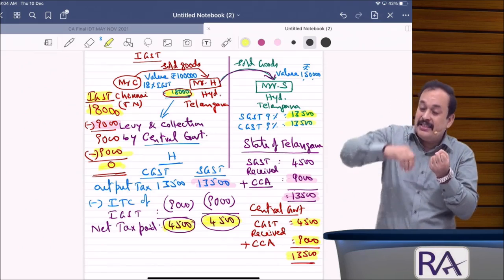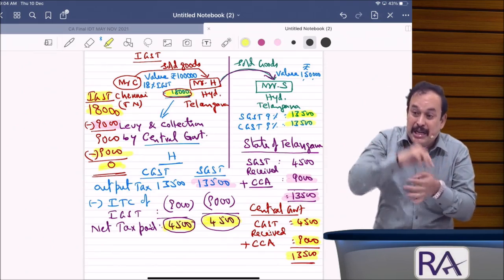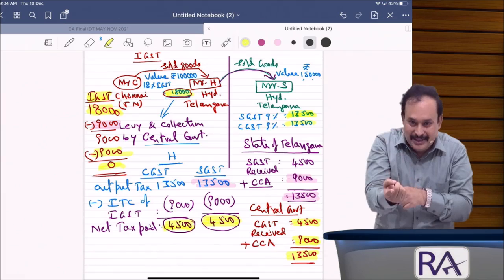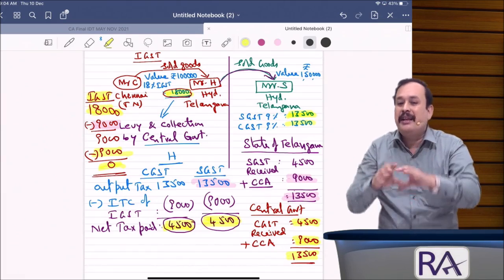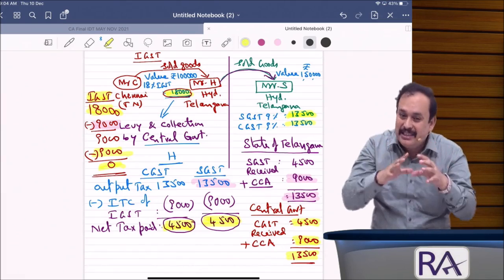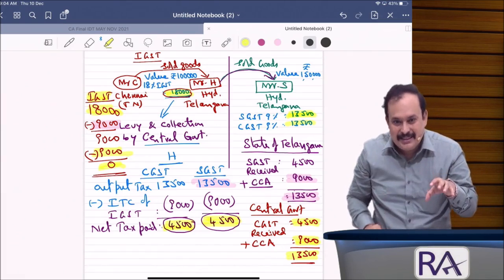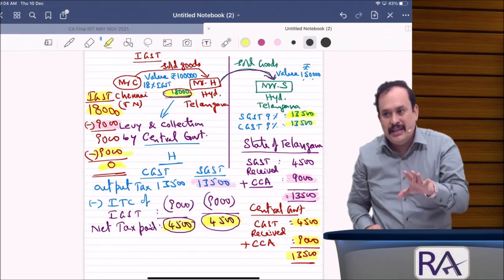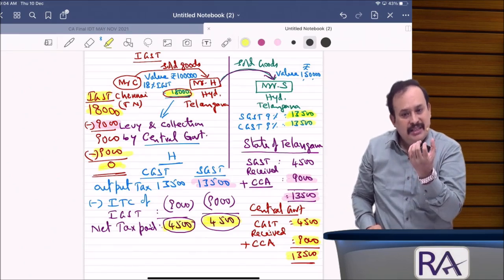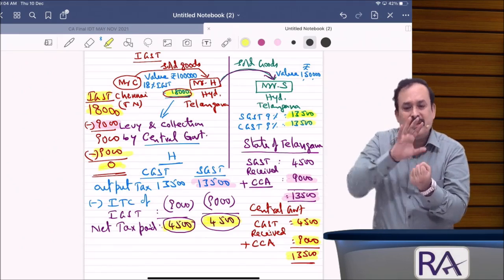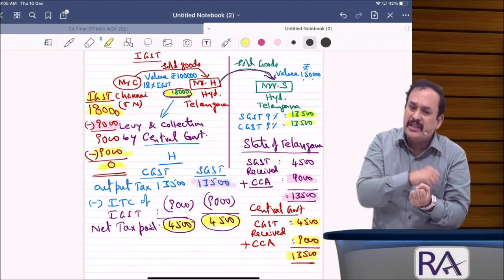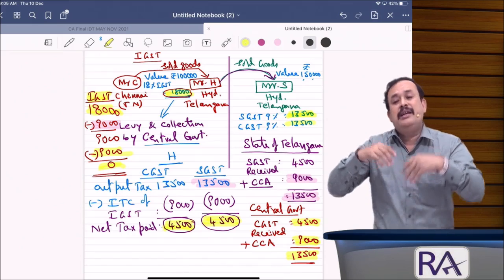When the transaction is fully concluded, B2C, business to consumer, when the transaction ends, there the revenue generates. That time IGST will be settled. Is that clear, sir? In general. Otherwise, IGST is in the hands of the central government. Upon the recommendation of the GST Council, this particular IGST is going to be apportioned between central and state. It will be decided later on.